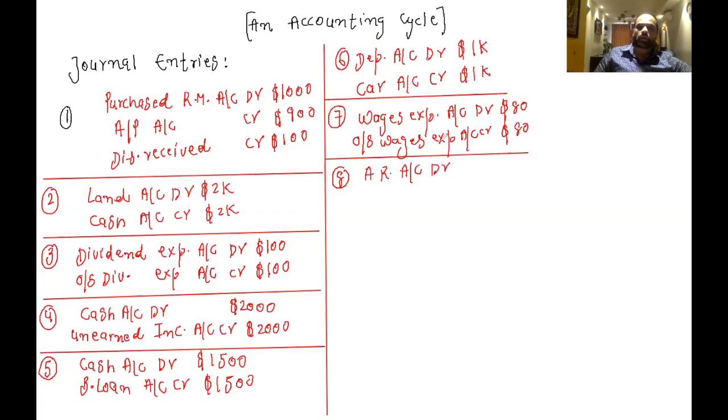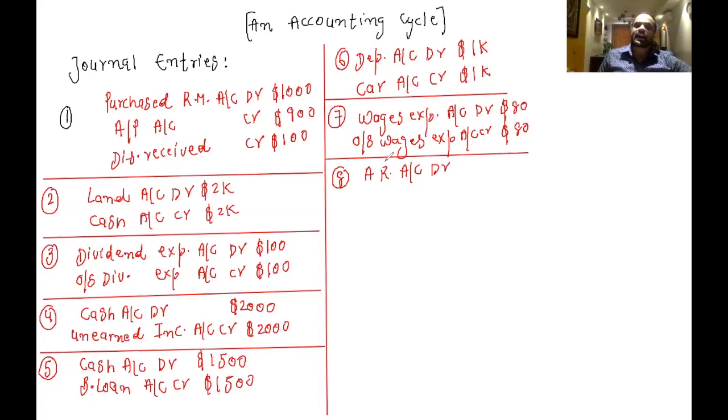So always remember, if the question does not give the name of account receivable, then you use account receivable. But if they give the name of the person, let's say purchase raw material on credit from Mr. A, then you will not write account receivable, then you will write Mr. A. In bracket, you write Mr. A, or account receivable, in bracket you write Mr. A, all right?